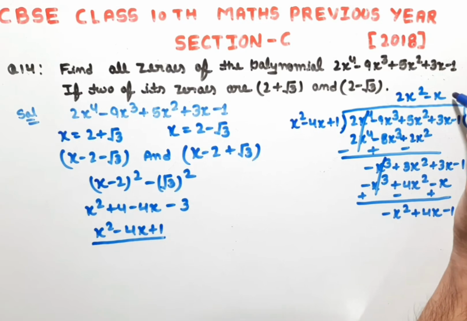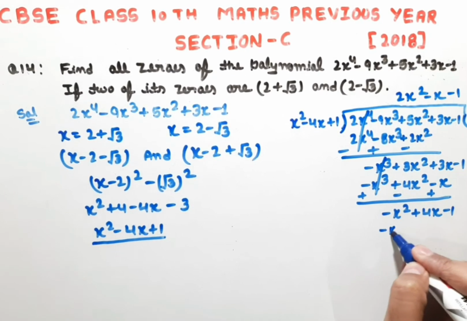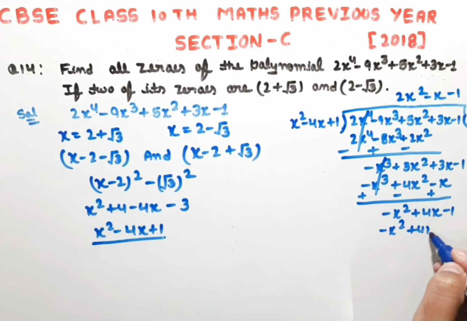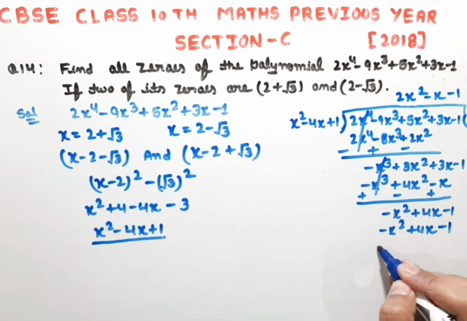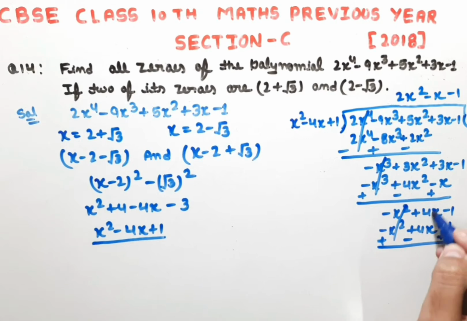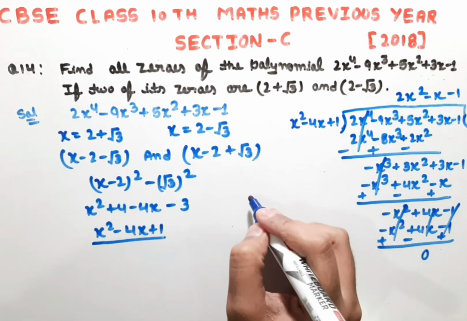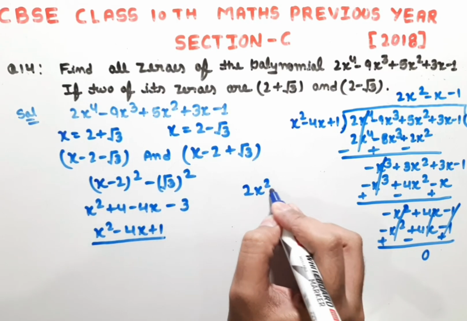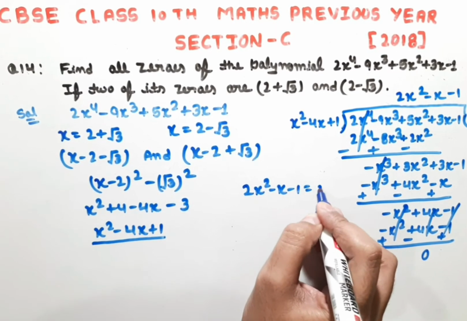Now minus 1. So minus x square plus 4x minus 1, plus minus plus. So 0. So our quotient will be 2x square minus x minus 1.